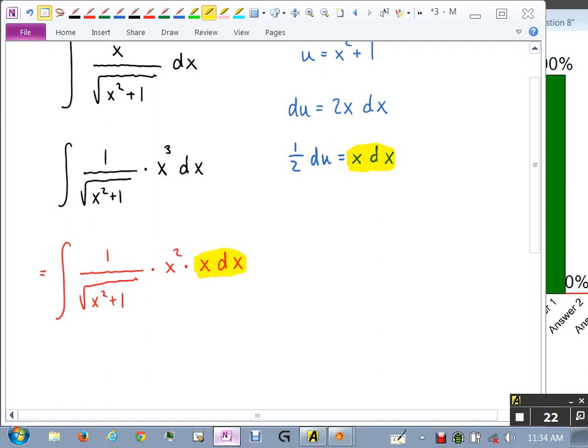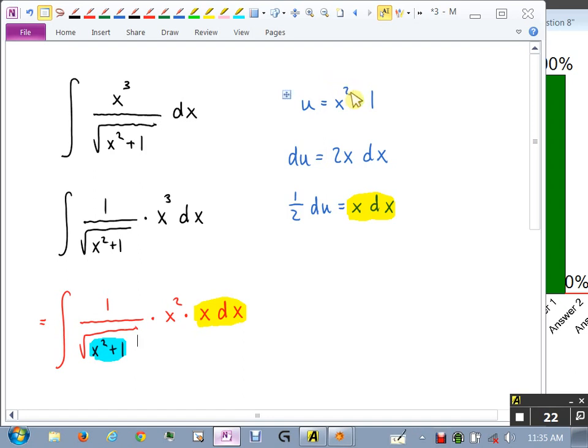So I will be able to replace that x dx with what? 1/2 du, yeah? Okay, and I know that I'll be able to replace the x squared plus 1 with what? No, the direct substitution. That's my u, right? That's going to become a u, square root of u on the bottom there. The question is, what about this x squared? I can go back up here and solve for x squared, right?